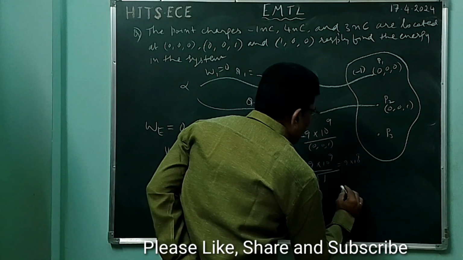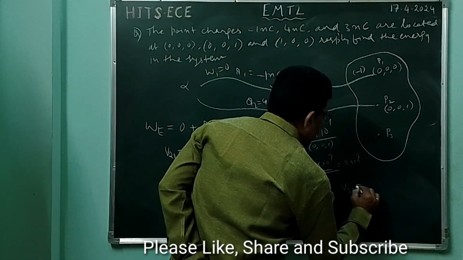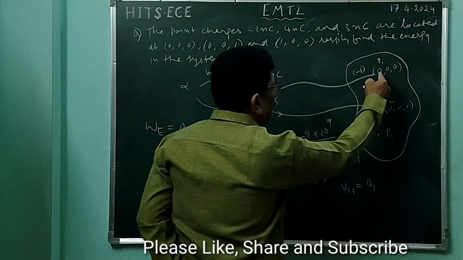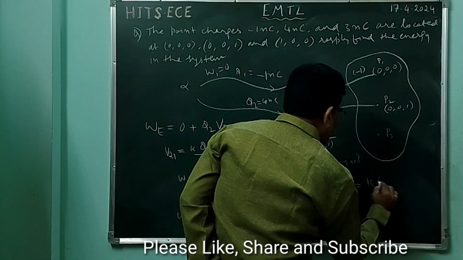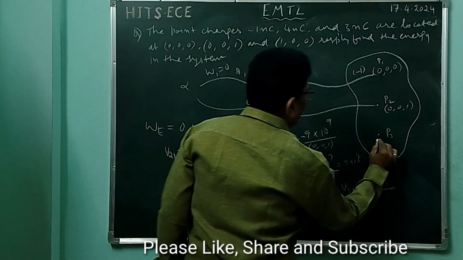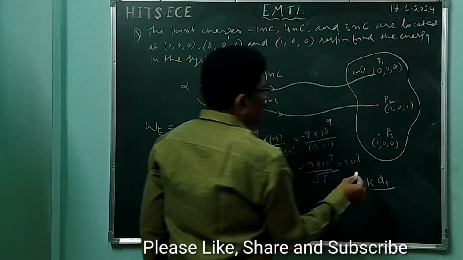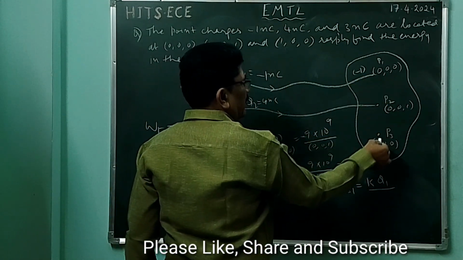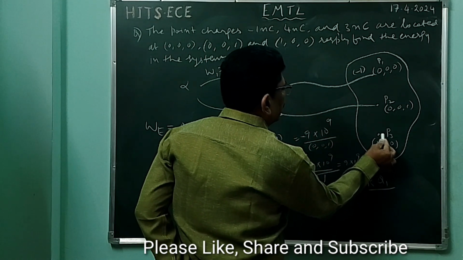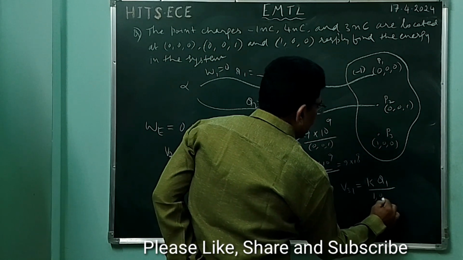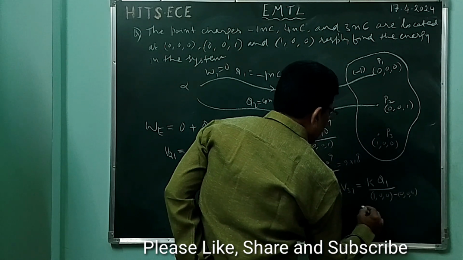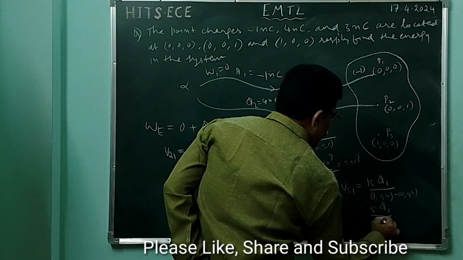So potential due to P1 is V31, which is equal to K into Q1 by the position vector. The coordinates are 1, 0, 0, so 1, 0, 0 minus 0, 0, 0, which gives K into Q1 by 1.